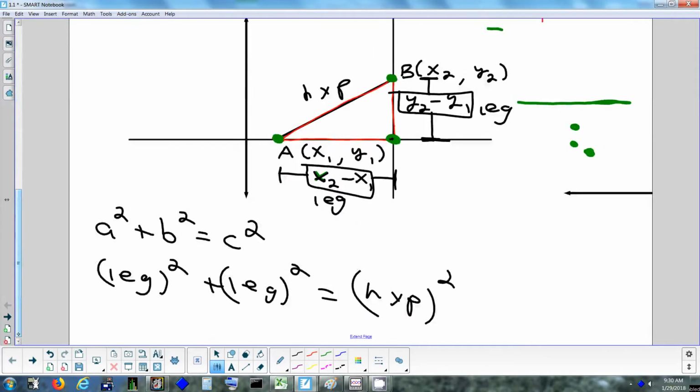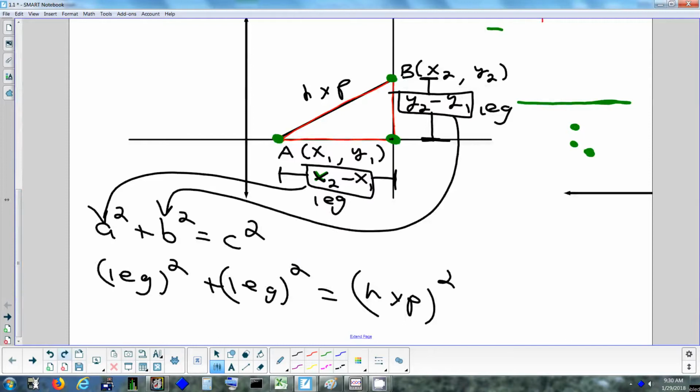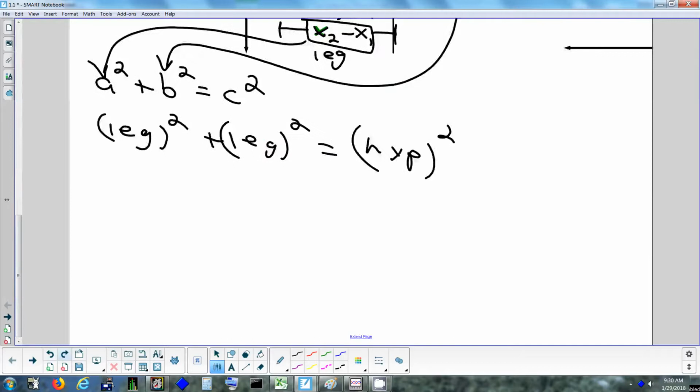All right, so let's plug in that. I'll try to draw it a little nicer. Plug in that for A. Plug in that for B. And that will be your distance formula. So let's write it out.